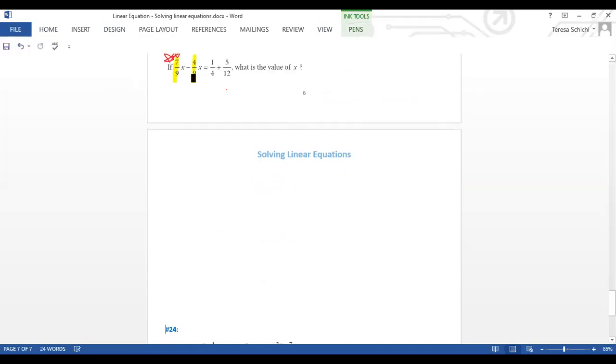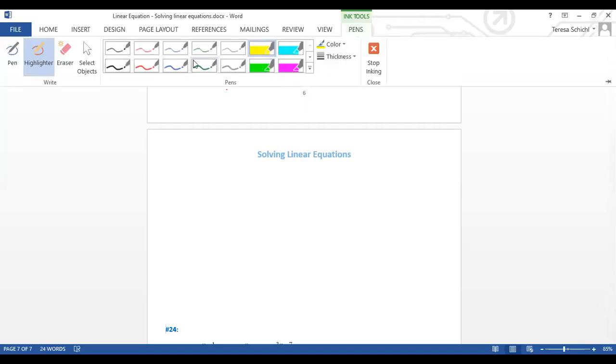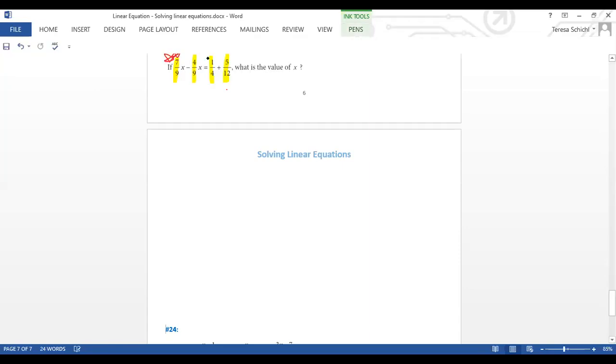We have 7/9, 4/9, 1/4, 5/12. Of course, you can do just like what you did before and try to operate with the fractions. But personally, I do not like fractions. So I always recommend to my students, if you have fractions, get rid of those fractions first.